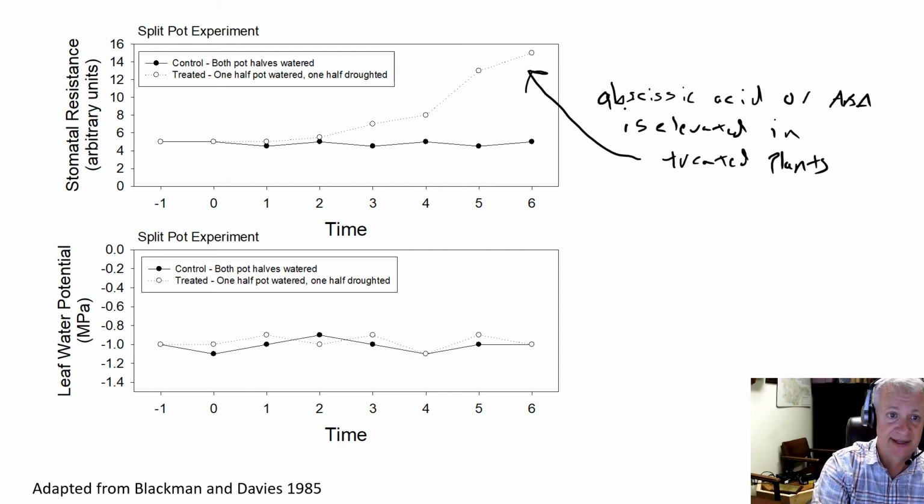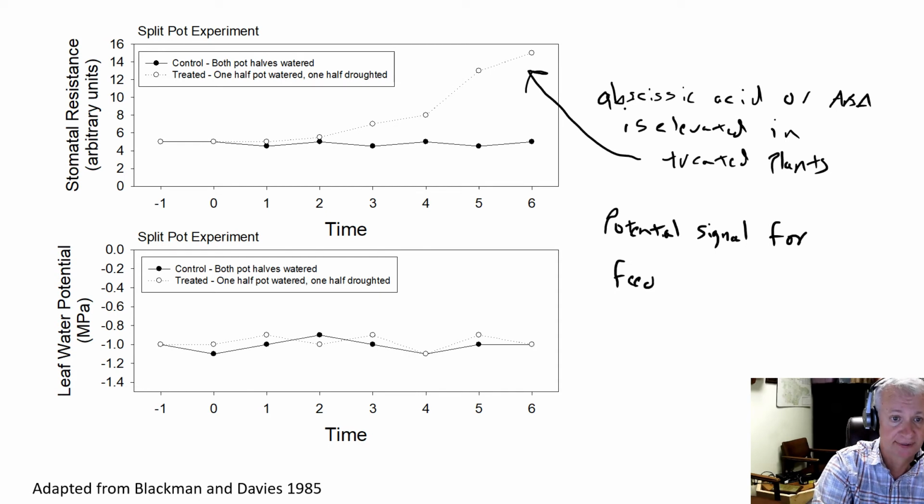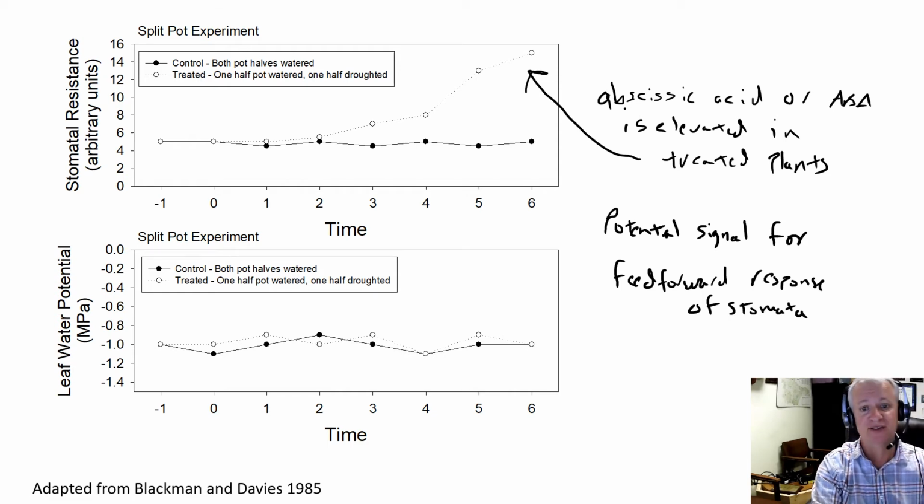This is, as we mentioned earlier, a potential signal for feed-forward response of stomata. So that hormonal or ABA response is one mechanism by which that feed-forward response can happen.